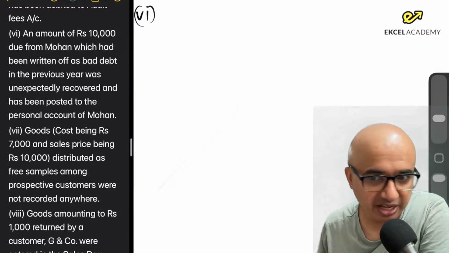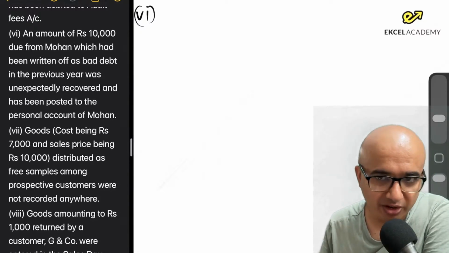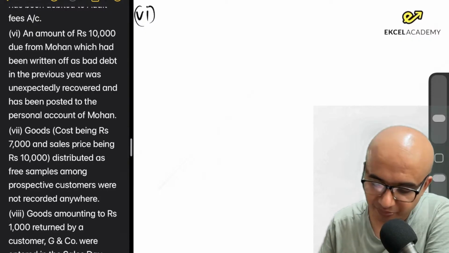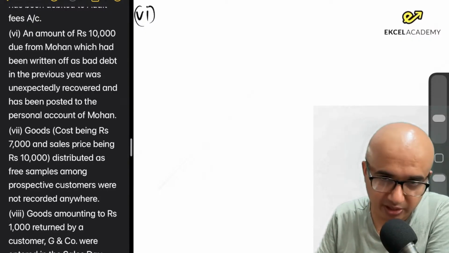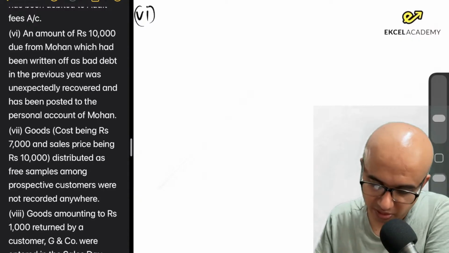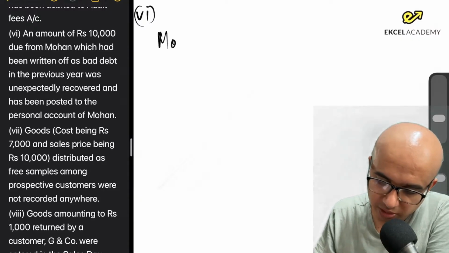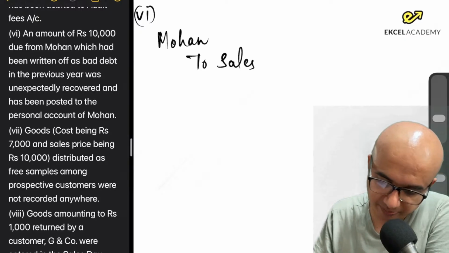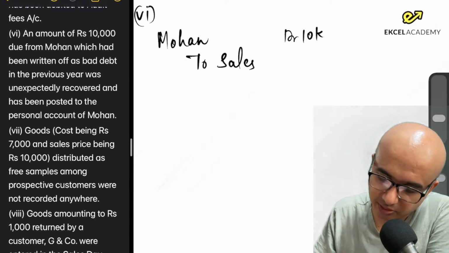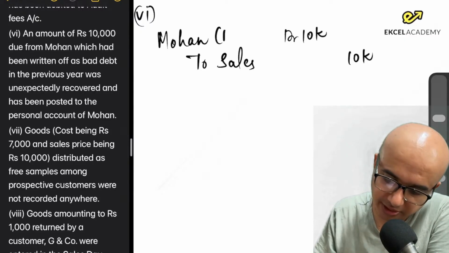We'll have to go back in time a little bit to understand what exactly is happening here. So one thing is we may have sold goods to Mohan because we have to understand the chronology, no? Mohan to sales. This is what happened. Okay, we'll assume 10,000. Increase in asset because he owes us money. Income.